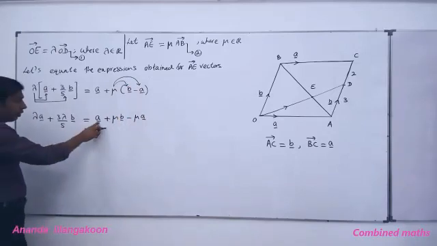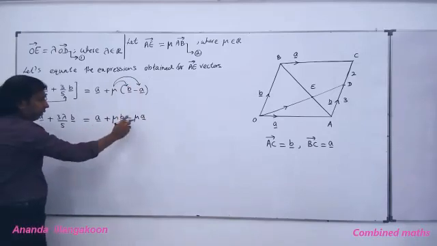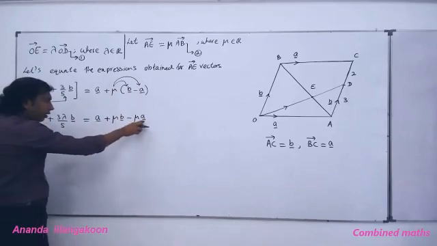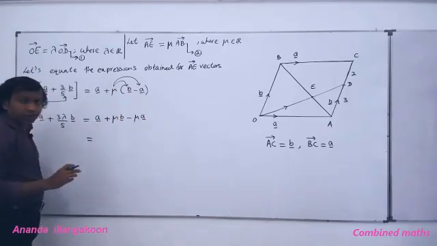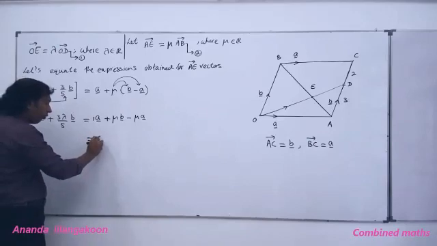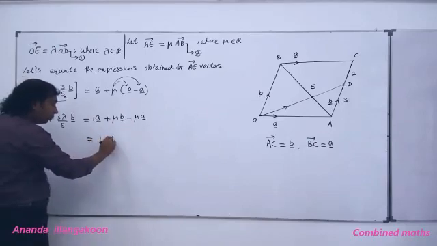Then we have the a vector here as well as here. I take the a vectors together, and since a is common, I can take the simple a vector out of the bracket. Then here we have 1 times a, and here 1 minus mu.